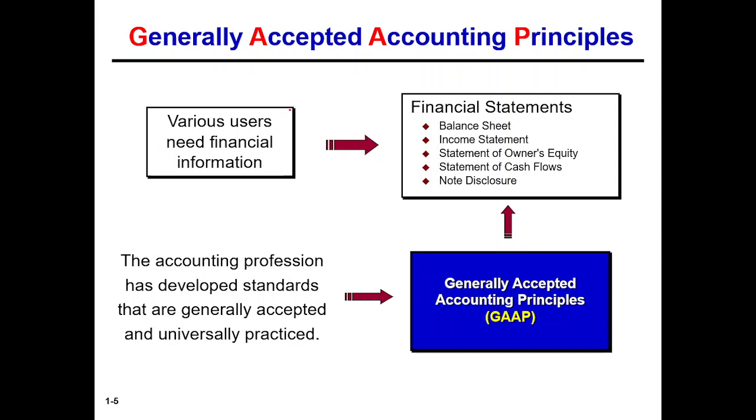We learned also that we can provide this information by preparing financial statements: balance sheet, income statement, statement of owner's equity, statement of cash flow, and the disclosures in notes. But how to prepare such financial statements? How to measure the elements of financial statements? We previously talked about this in the previous lecture.